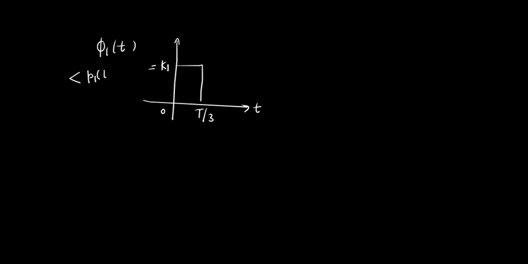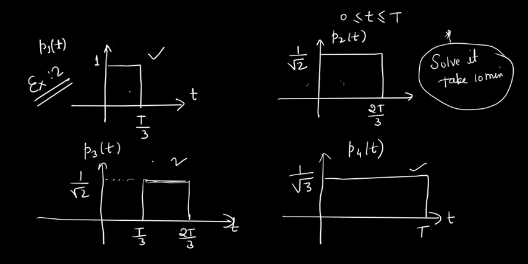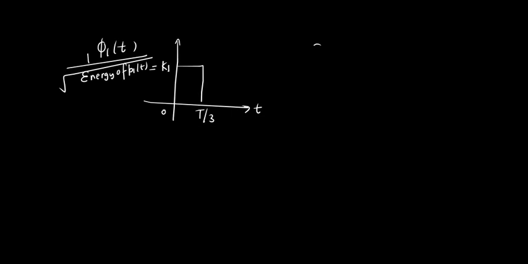You have to take just the energy of P1T, one upon square root. What is the definition of phi 1T? Phi 1T is P1T divided by the square root of the energy of P1T.